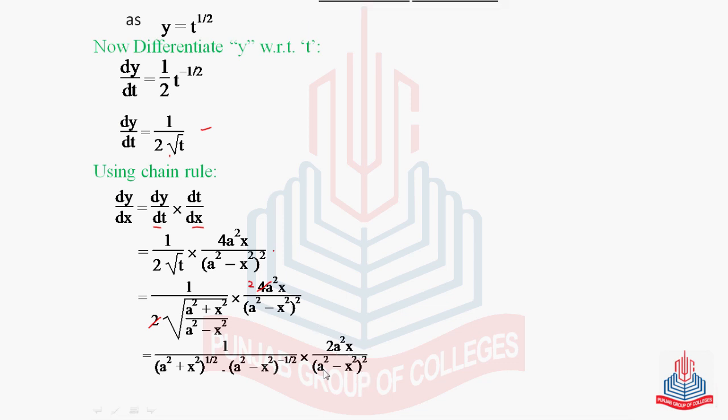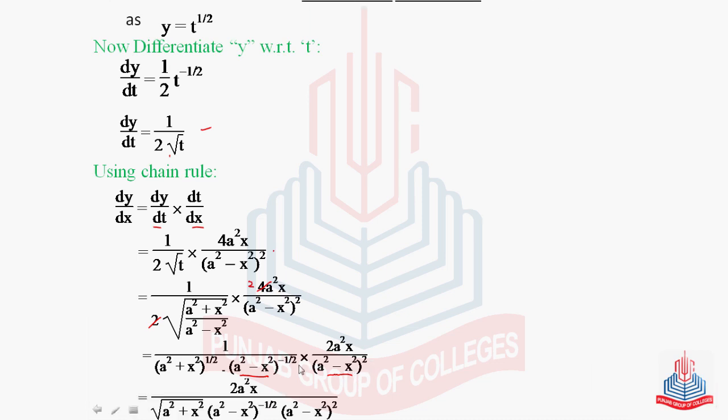We can separate it out: (a² + x²) with power 1/2, and (a² − x²), when we shift it into the numerator, will be of the form minus 1/2. So now this (a² − x²) and this (a² − x²) have the common base, so we can join the powers of these two terms, which are 2 and −1/2.